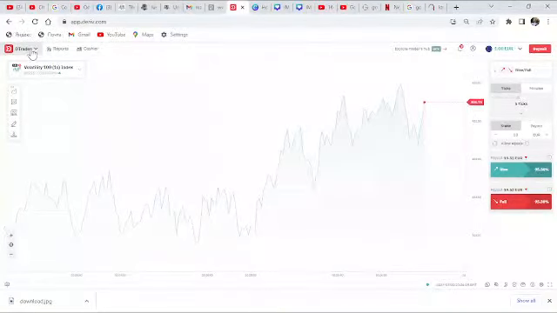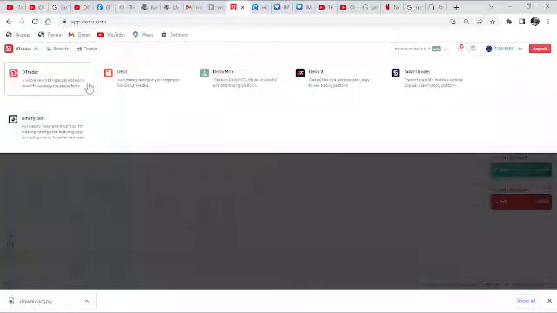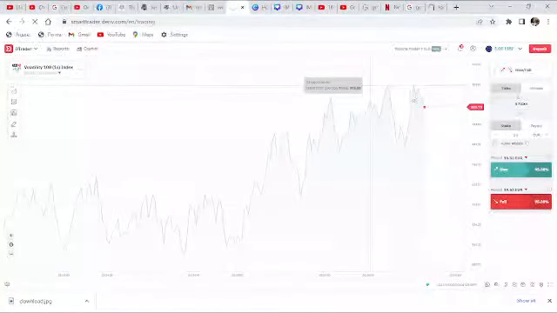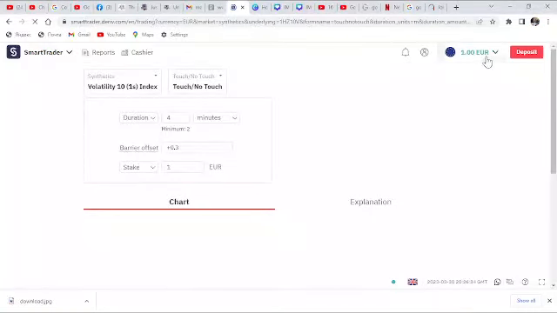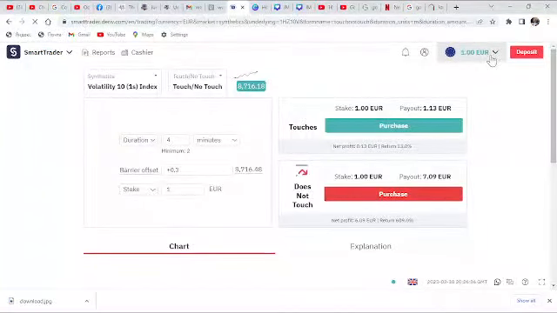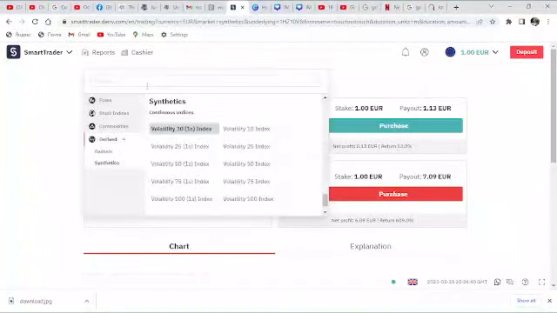Basically, we are going to go on Smarttrader, which is the one we're going to be using. After logging in, we have $1 in our account, which is €1. I'm using a euro account, so you can use a dollar whatsoever. When you come here, ensure that you come on Deriv.